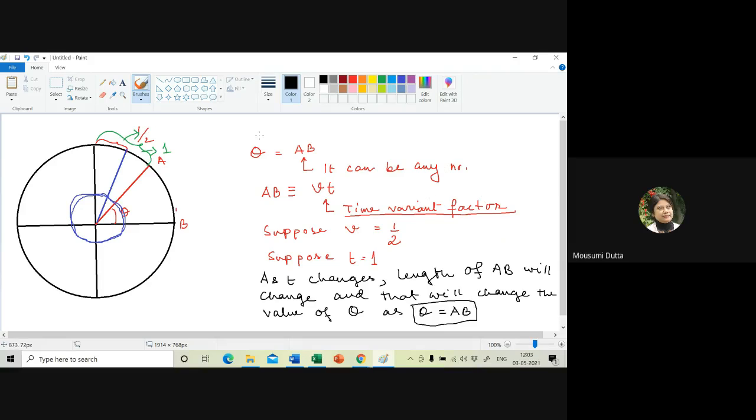So if you understand this matter, that is, the unit circle can make an equivalence between the angle and VT, any time variant factor.